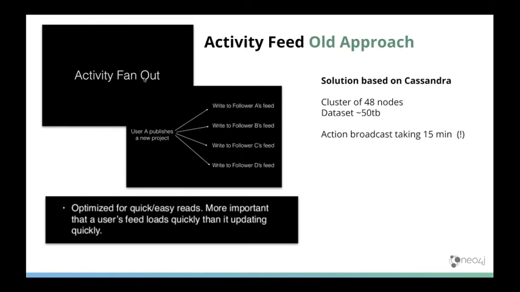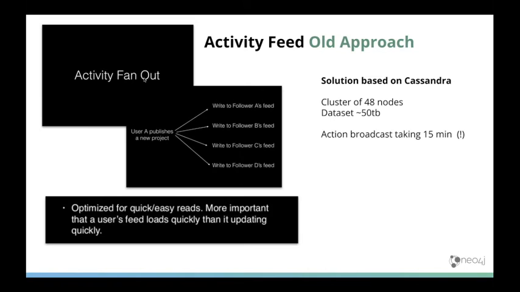What happens, the way Cassandra basically tackled the activity feed, is that when an individual publishes a new project, or appreciates, or does any kind of action in the platform, these had to be written to the timeline, to the feed of every single follower that they had. If I publish something, that's absolutely fine because I'm followed by 3 people, so that should be a rather small transaction.